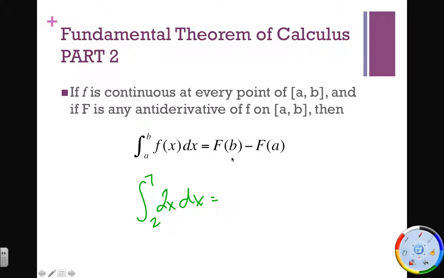Actually, I'll talk about it in a second. This is saying, okay, what's the antiderivative of 2x? Well, the antiderivative of 2x is x squared, because the derivative of x squared is 2x. And most of you guys are getting the hang of this. So I can say it's actually 7 squared minus 2 squared is equal to 49 minus 4 is 45.